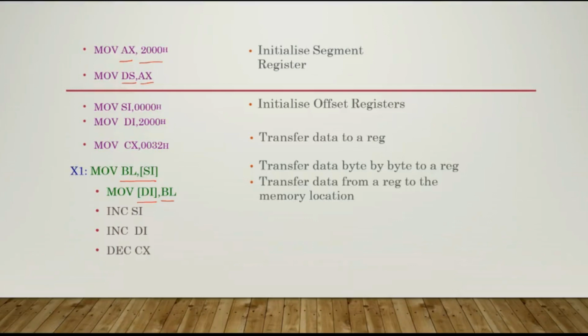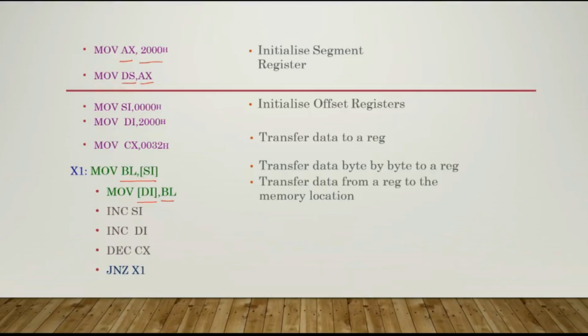So the CX register is going to keep the count, and the flags I'm going to use come after the decrease CX instruction. As increase and decrease are arithmetic operations, they are going to affect the flags. So the last flag affected is due to the instruction decrease CX, and I will check whether the zero flag has been raised or not.